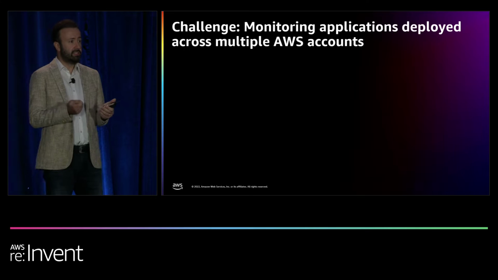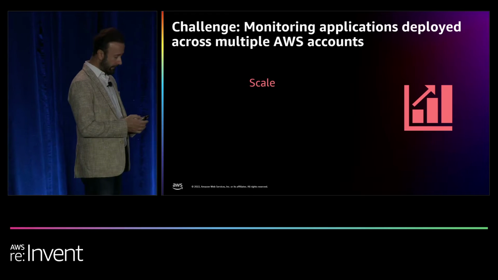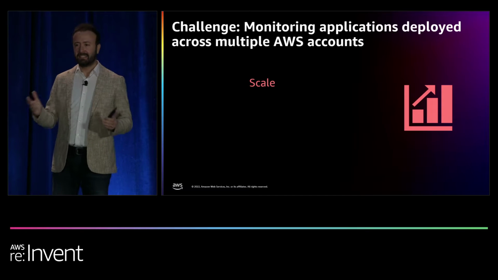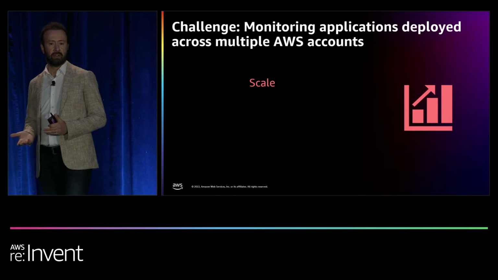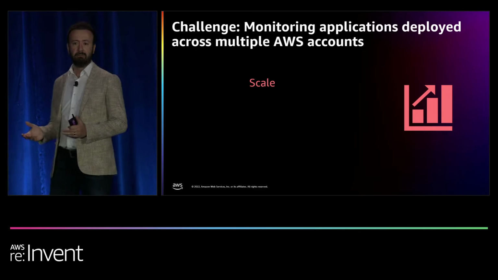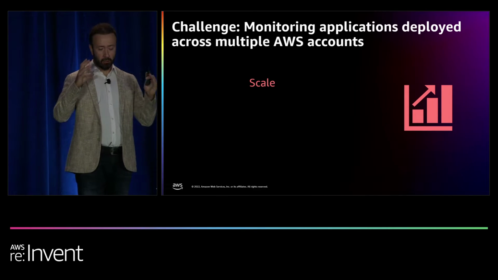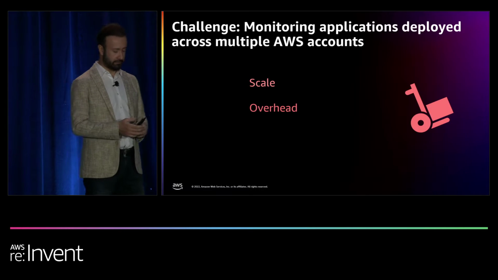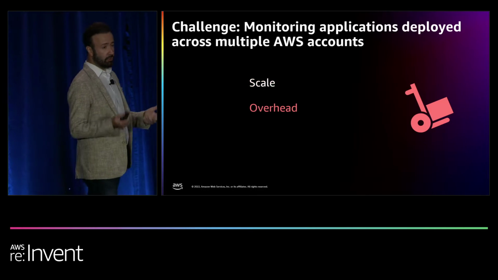But this creates challenges from a monitoring perspective. As enterprises grow and scale, data gets scattered across an increasing number of accounts. This creates distributed data silos, making it hard to have a holistic view and single pane of glass observability across the organization.